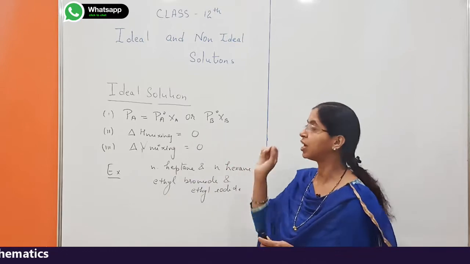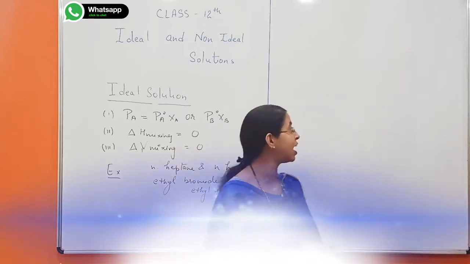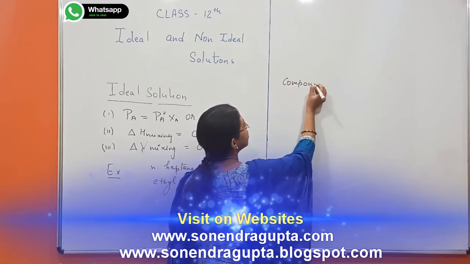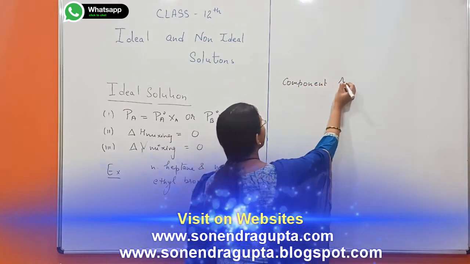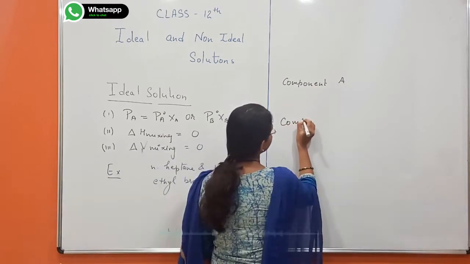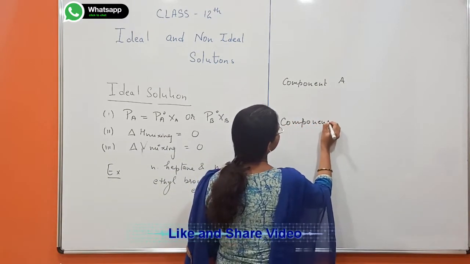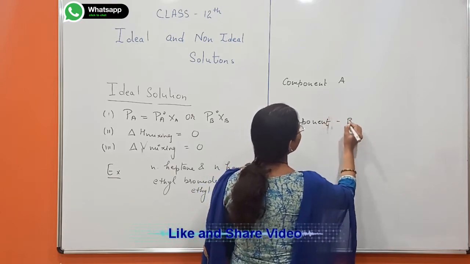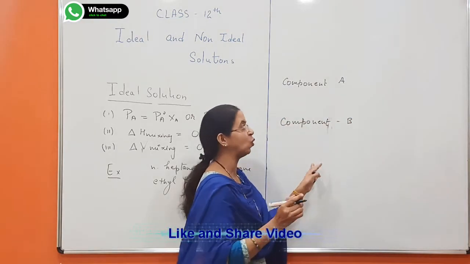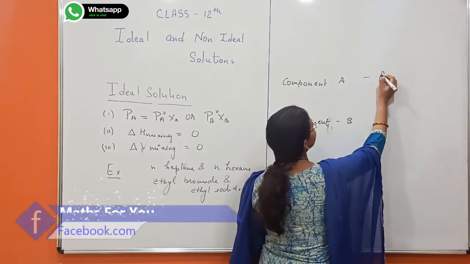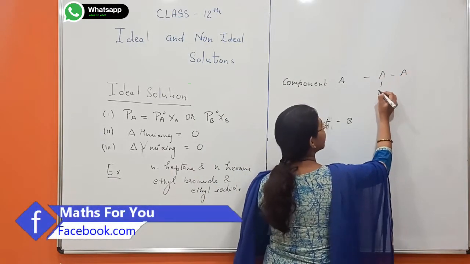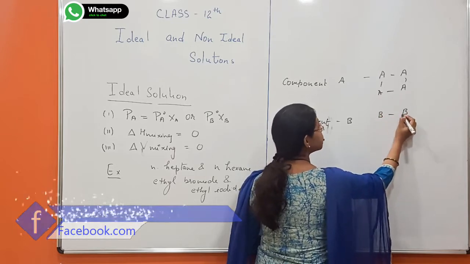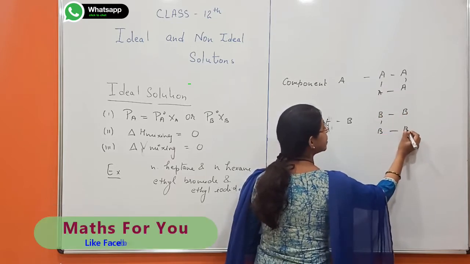Suppose we have a component A and a component B. When these two liquids are alone, there is some type of interaction between AA particles. Likewise, there is some kind of interaction between BB particles.